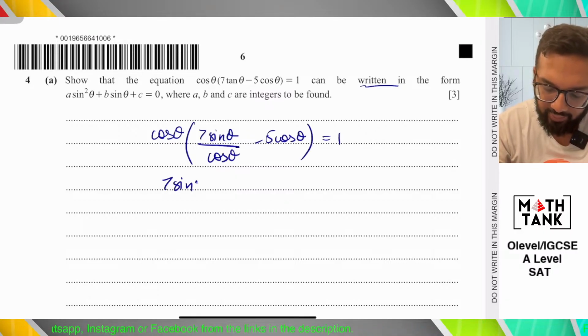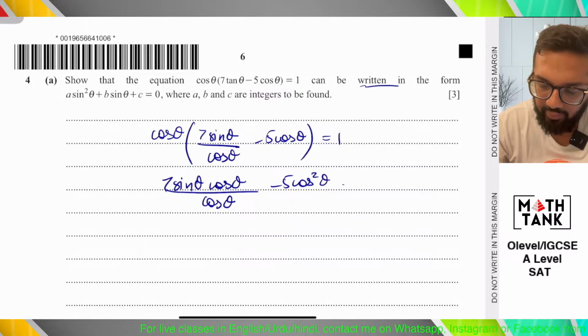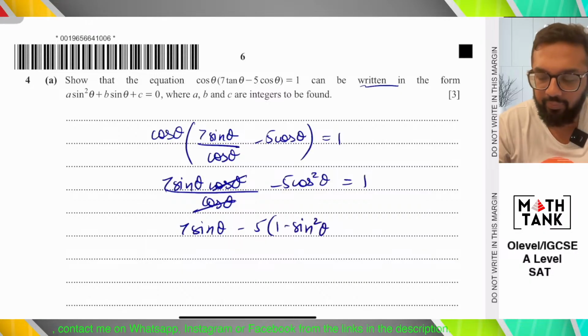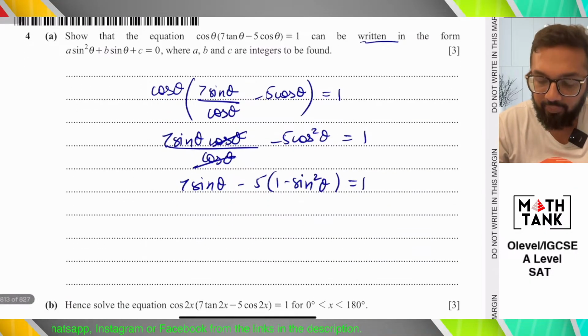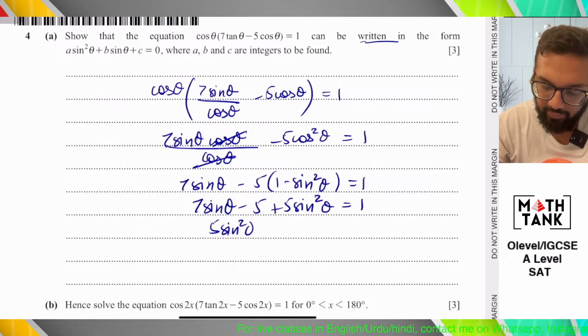So 7 sine theta cos theta over cos theta minus 5 cos square theta equals to 1. 7 sine theta minus 5, 1 minus sine square theta equals to 1. 7 sine theta minus 5 plus 5 sine square theta equals 1. 5 sine square theta plus 7 sine theta minus 6.